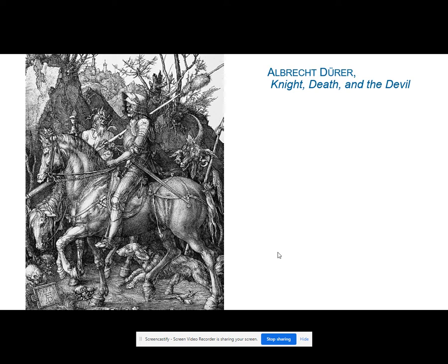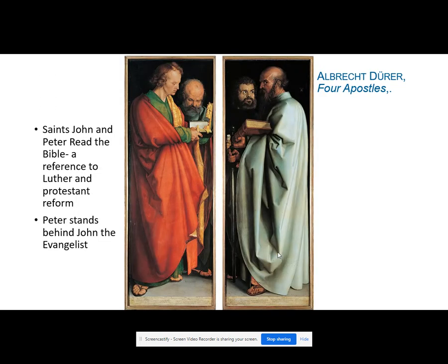And here's another one that's not in your book, but I like this one. Dürer also did this painting, which is associated with the Protestant Reformation and Luther. We have on the left Saint John and Peter reading the Bible.